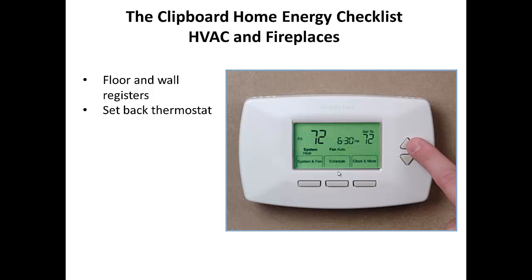The other thing is a setback thermostat, which is a great tool, because you can set that thermostat back at night. You can set it when you're gone during the day at work if no one's in the home, so it helps you manage how much heat your house needs. And you can set it a half hour before you come home, so that by the time you get home the house is back up.